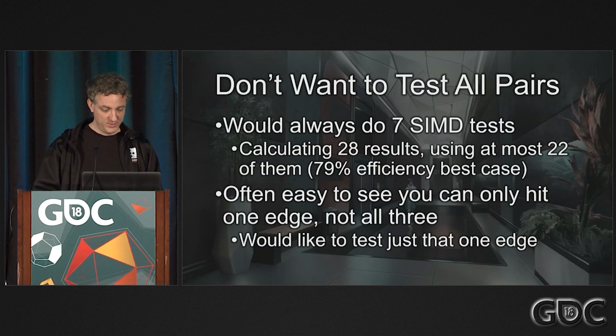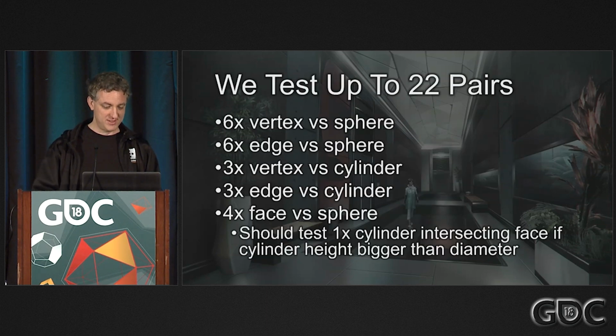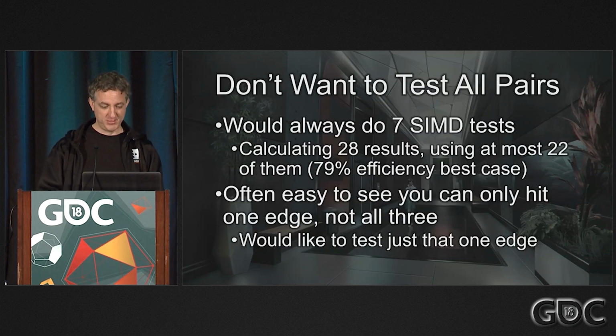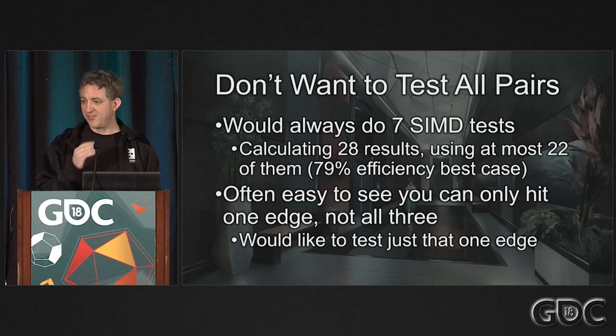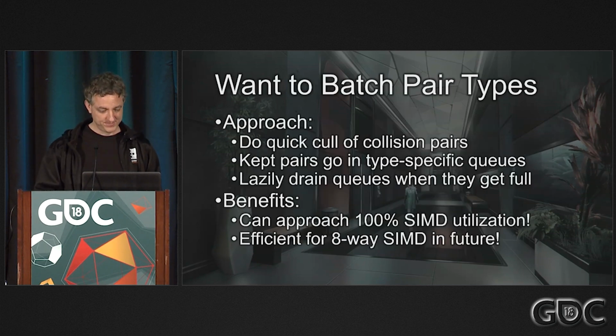Anyway, we don't want to test all pairs. If we did this in the naive SIMD way, since if you rounded these up to multiples of 4, you would end up with 7 SIMD tests with 28 results, and 20% of them would be useless to you. And it's often easy to see that you don't need to do all the tests, so we'd like to do that.